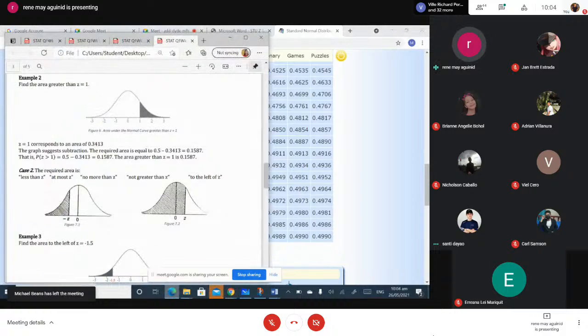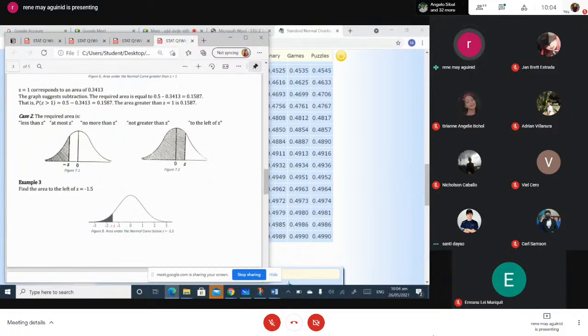So our area is 0.5 minus katong area from 0 to 1. That will give you 0.1587 for the area.